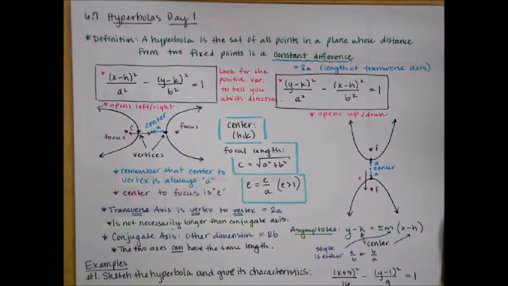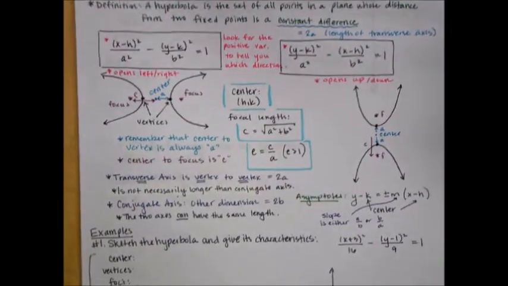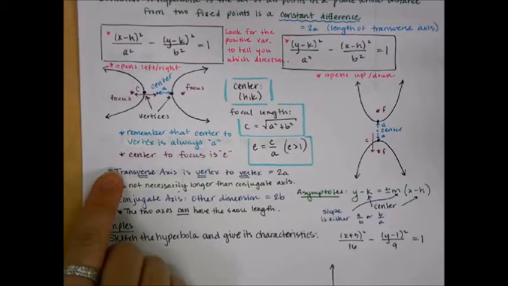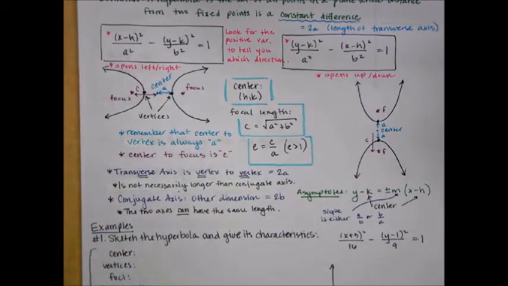So we have some different vocabulary here when it comes to hyperbolas than we do with ellipses, where ellipses have a major and minor axis. Hyperbolas have a transverse and conjugate axis. It's important to know that one does not have to be longer than the other. They can be the same length.